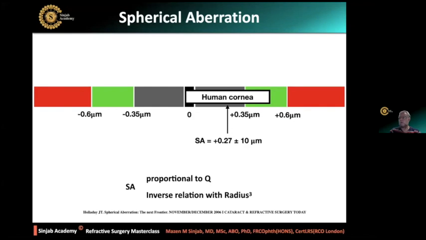If we say that Q value is, for example, minus 0.5, there is no equation or formula that says Q plus minus divided, multiplied, so on, then spherical aberration is. But it is related to the K readings as well. So spherical aberration is related to the shape of the cornea and to the K readings, the power of the cornea.